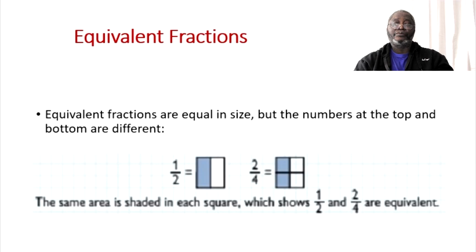Look at this example. Half, or 1 over 2, is the same as 2 over 4. The same area is shaded in each square, which shows half and 2/4 are equivalent.